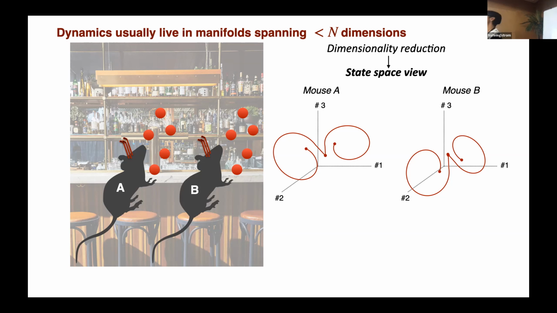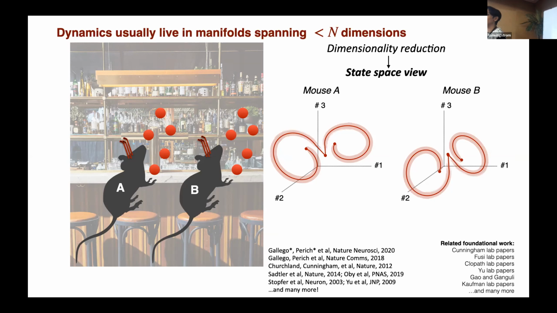Or you can ask them. All right, so experimentalists and theorists like me, we employ dimensionality reduction techniques to make sense of these high dimensional data sets. And so dimensionality reduction techniques like PCA, GPFA, and so forth give you a coordinate space in which you could plot population activity that is collected from mouse A and mouse B. If this is a trial-based structure, you could find some kind of spread around these low-dimensional manifolds, one for mouse A, one for mouse B, and you can start to make inferences about the essential latent patterns from this high-dimensional data set.